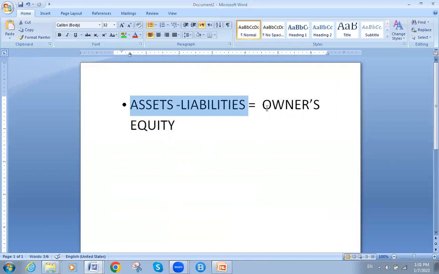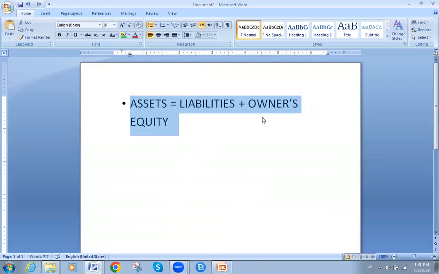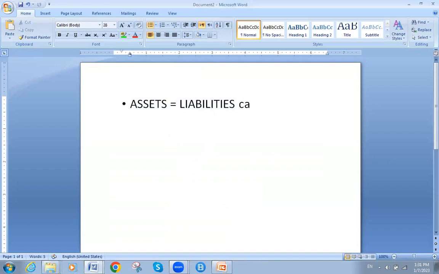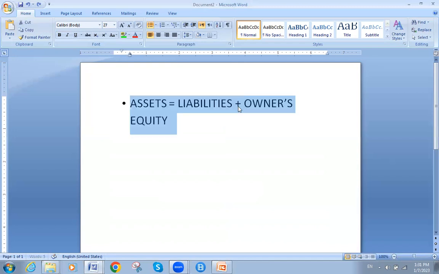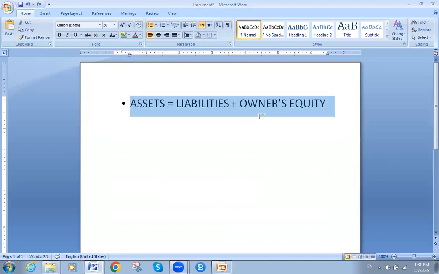And we said there is another word for the owner's equity. You can remove this word and write instead of it the word capital. Then we go back to the main equation.